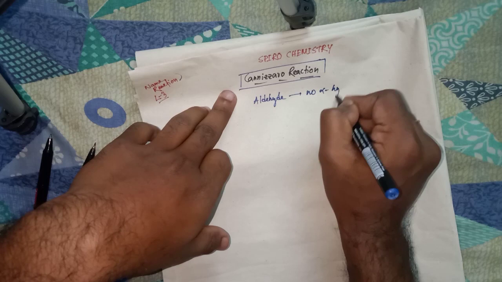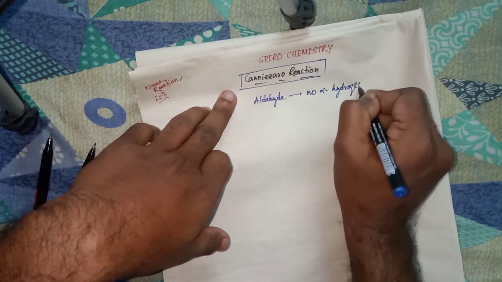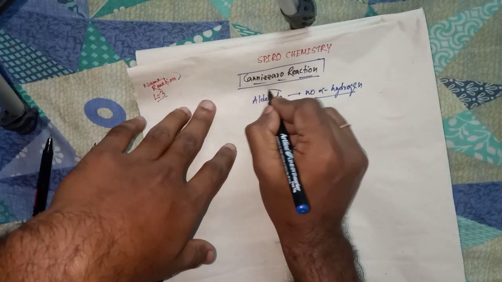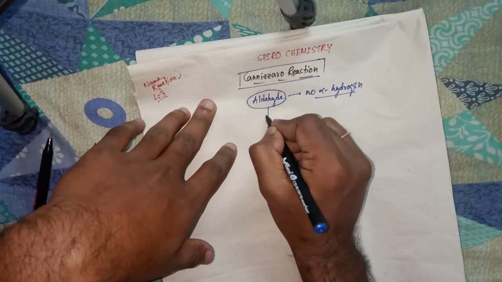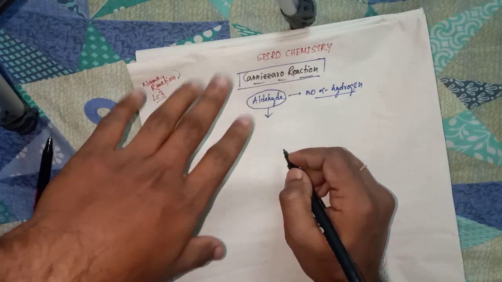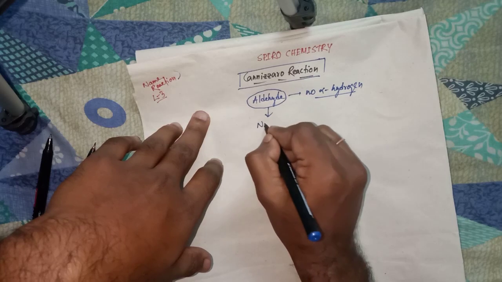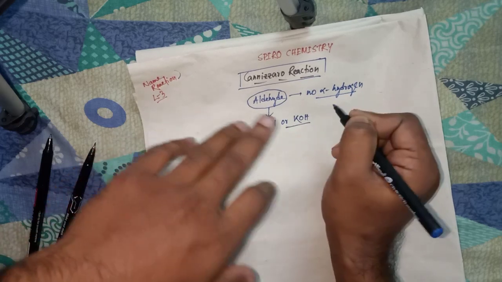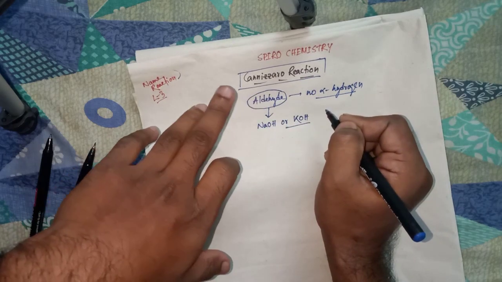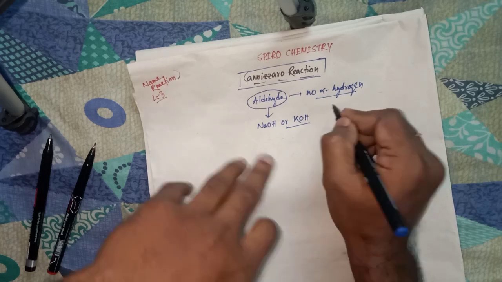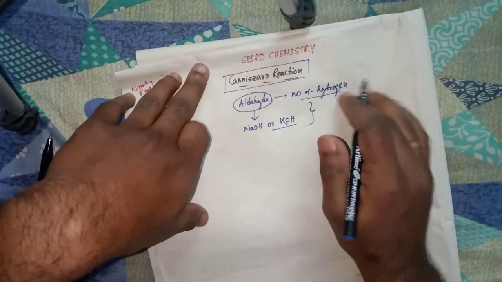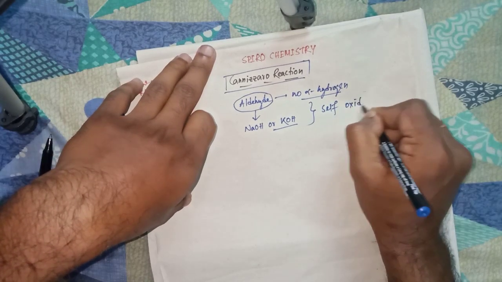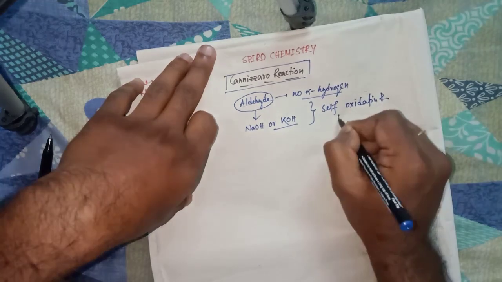When an aldehyde with no alpha hydrogen is mixed with a concentrated base, suppose NaOH or KOH, it causes a self oxidation and reduction reaction.